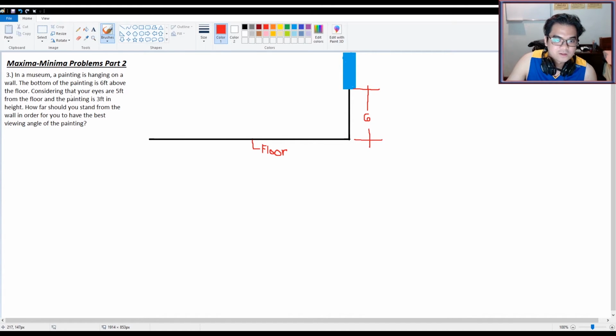Next, considering that your eyes are 5 feet from the floor, and of course you have to consider that you are standing away from the wall or from the painting. So let's say that your eye level must be 5 feet. Let's say this is your eye level, okay?